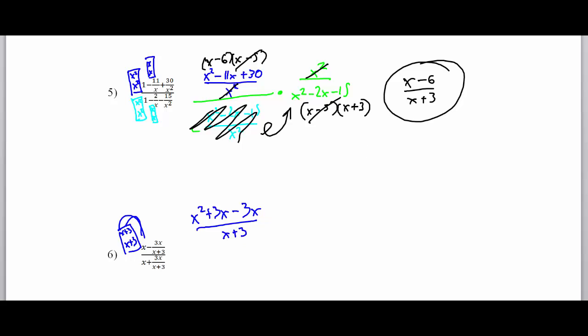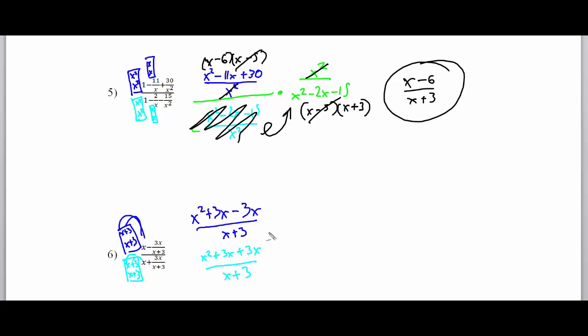And I'm going to move on to this next piece here, which is going to be the denominator of this fraction. So I'll note that I have this x over x plus 3 here, and so I need another x plus 3 in the denominator. So I'm going to distribute this as well. So this gives me x squared plus 3x over x plus 3.